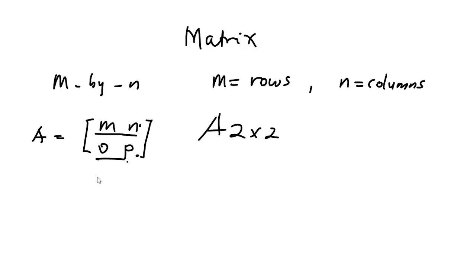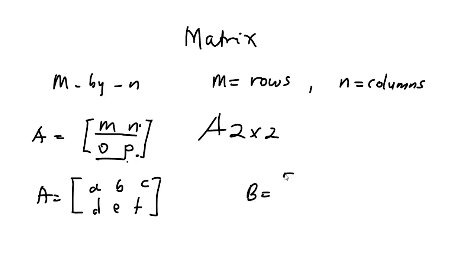Okay, so typical examples, we can talk about a matrix A being equal to, let's say, A, B, C, D, E, F. This is one matrix. Then we can talk about a matrix B, like 1, 2, 3, 4, 5, 6.